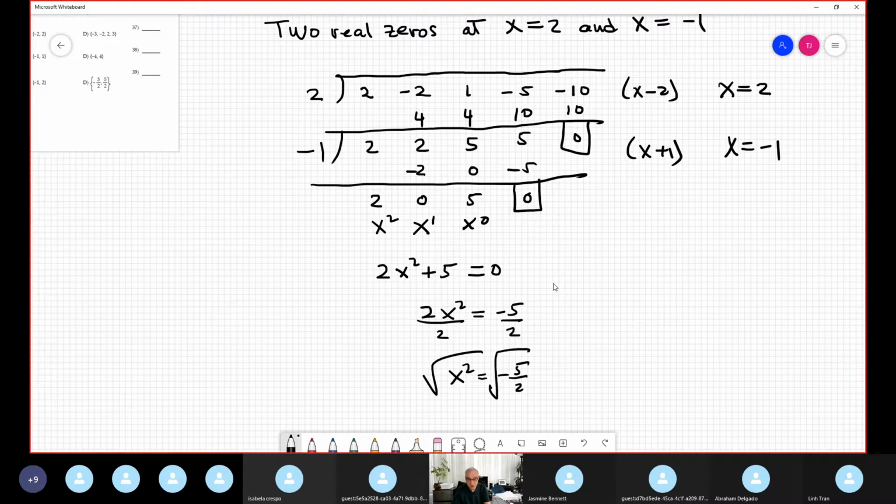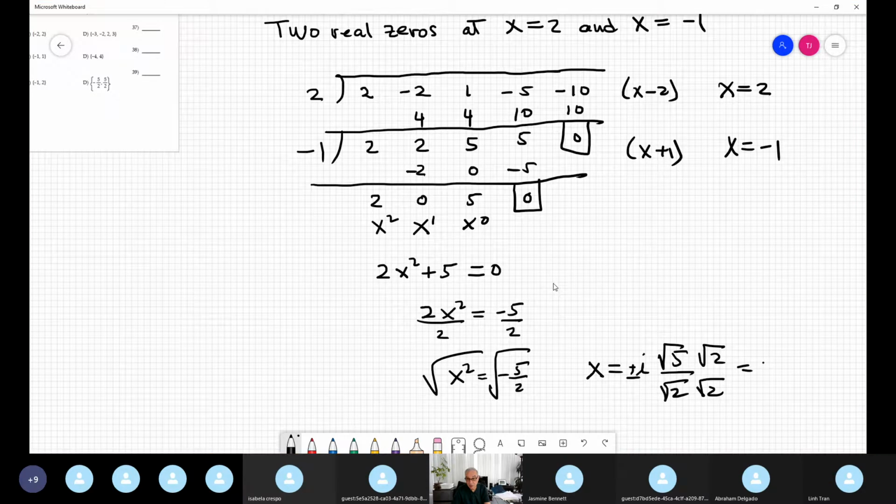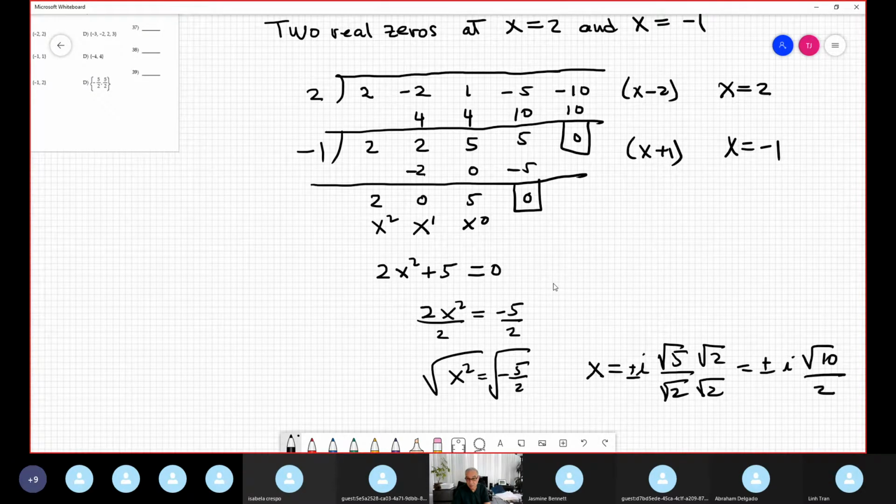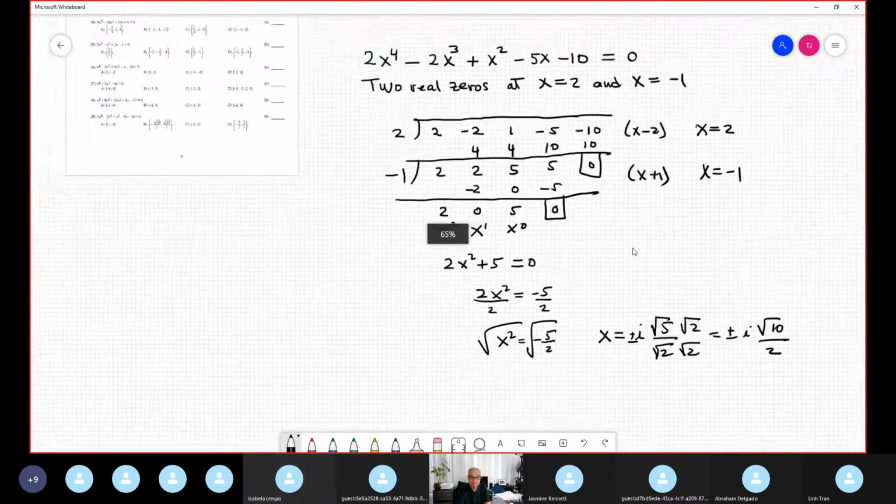And immediately you detect it is imaginary i, no? Plus or minus radical 5 over radical 2. Rationalize if you want, but it's not totally out of the game. Plus or minus i radical 10 divided by 2. Something like that. Clear? Yes. Mm-hmm.